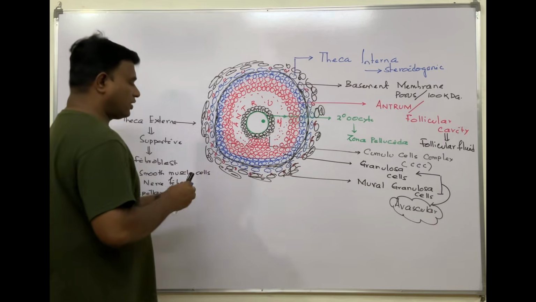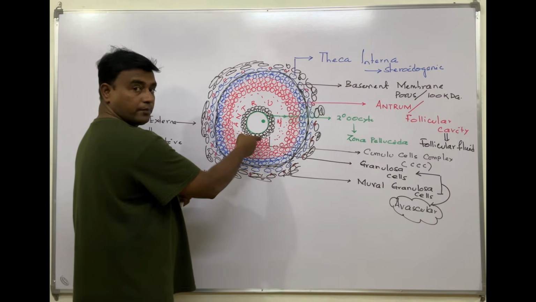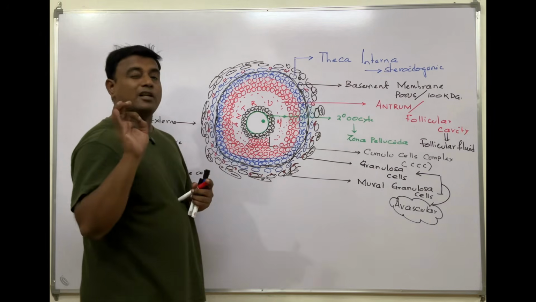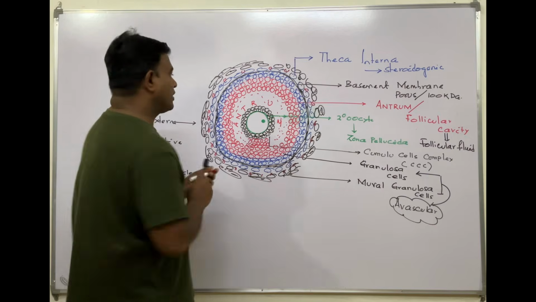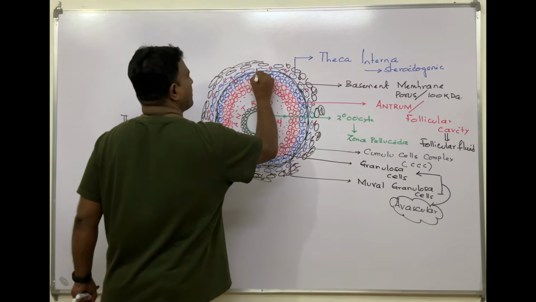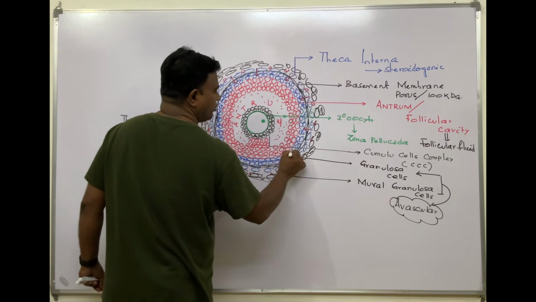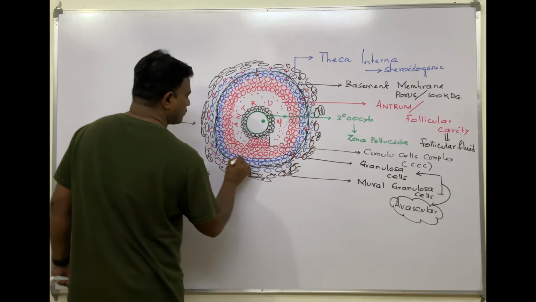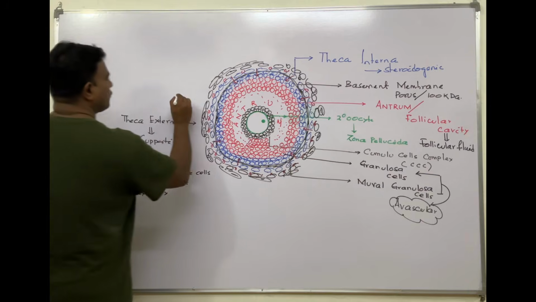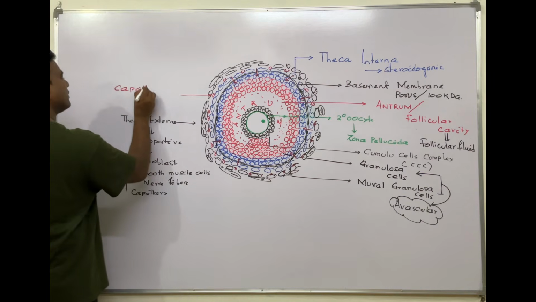I told you the granulosa cell is avascular, the cumulus cell is avascular, the oocyte is avascular, and the mural cells are slightly vascular, because they get permeation from here through the basement membrane. The hormones also get access through the basement membrane. The nutrients also get access through this basement membrane, meaning the theca is said to be vascular. So the red color structures you are seeing are the blood capillaries.